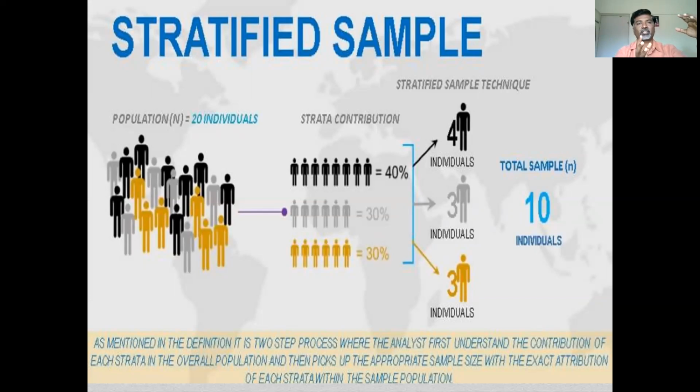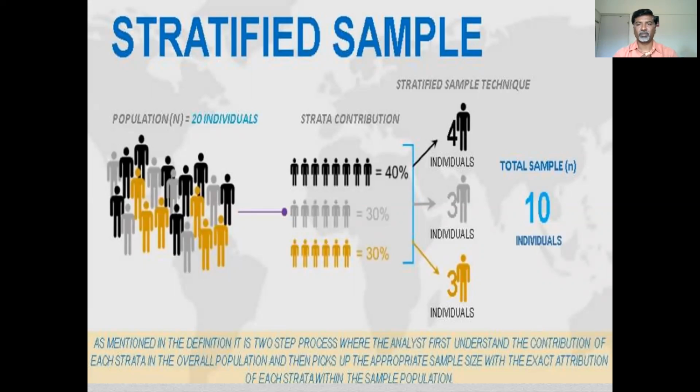From that heterogeneous population, we create groups of homogeneous population. Creation of homogeneous strata from the total population is called stratification. From each stratum, we select some members, either using quota sampling or the proportionate sampling method.